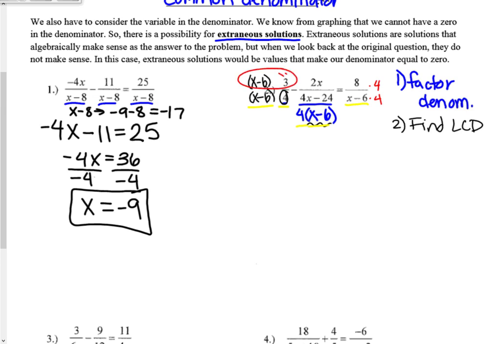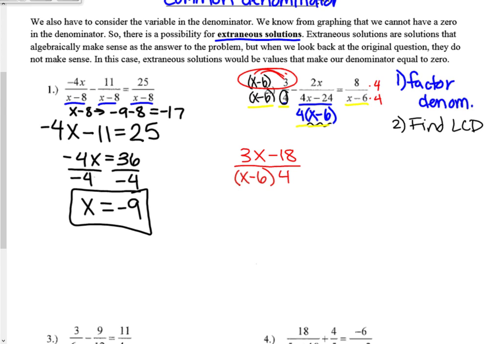I have to distribute 3 in. So I'm going to have 3x minus 18. Now, whereas I'm always going to distribute in the numerator, I'm never going to distribute in the denominator because I'm just looking to make sure I have the same thing in each one. So I have x minus 6 times 4.